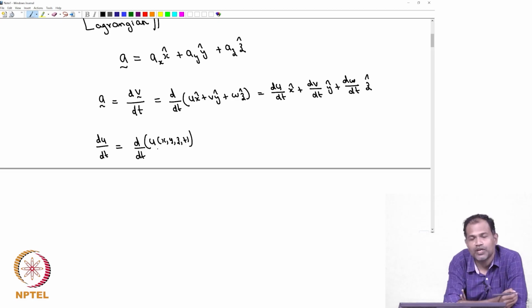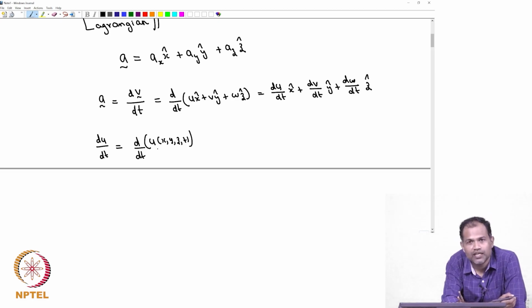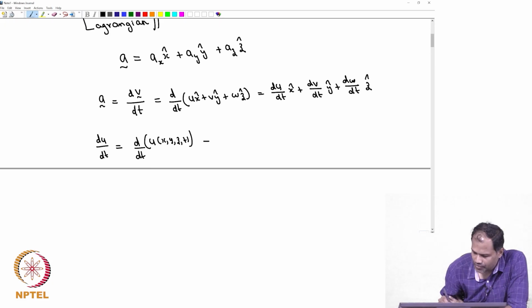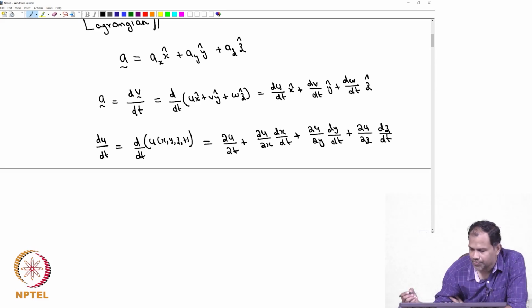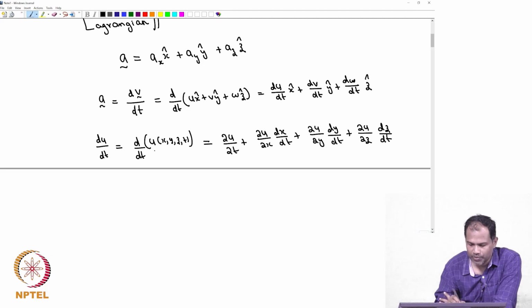So, therefore, if I want to take a total derivative, I should really be using the chain rule. I will differentiate with respect to time first, that is going to be equal to dou u by dou t plus dou u by dou x into dx by dt plus dou u by dou y into dy by dt plus dou u by dou z into dz by dt. I have just applied the chain rule because u is a function of x, y, z and t.